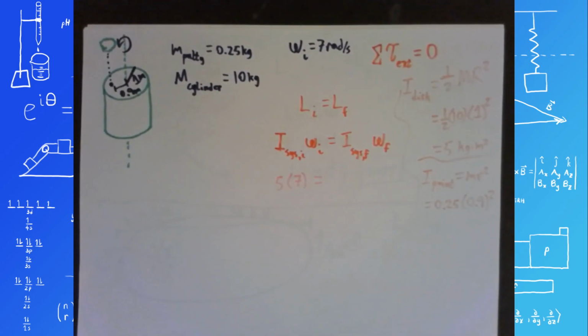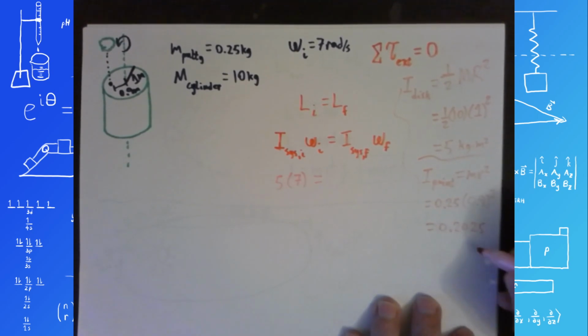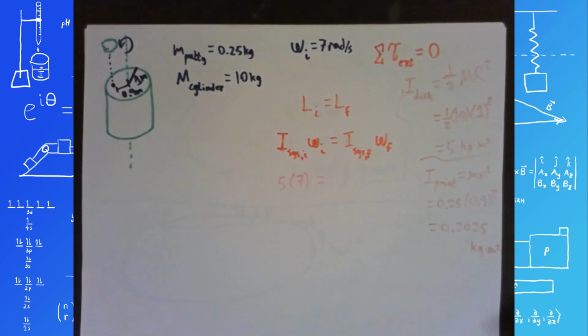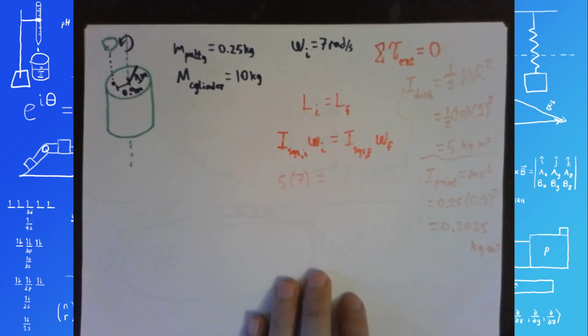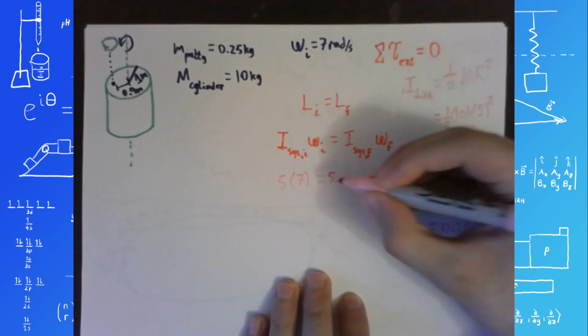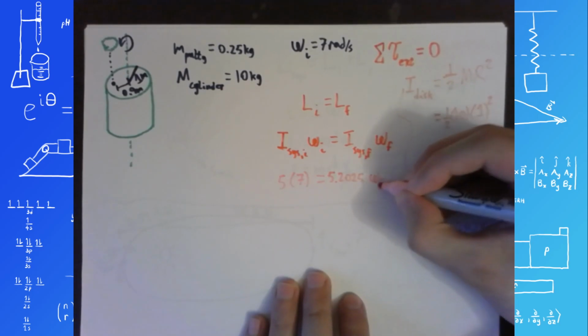Calculator says 0.25 times 0.9 squared is 0.2025. And that's in kilogram meters squared as well. Those units definitely have to match if we're going to add them. So then the total moment of inertia of this system is now 5.2025, and omega final can now be solved for.